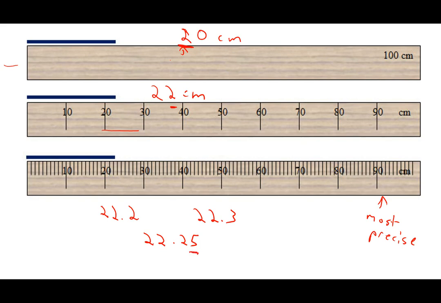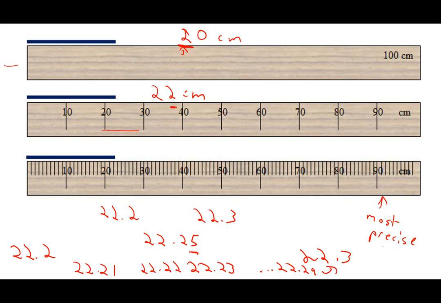Let me just say briefly about decimals. If I have 22.2 and 22.3, the numbers in between these numbers are 22.21, 22.22, 22.23, all the way on till 22.29, and then what comes after that is 22.3.